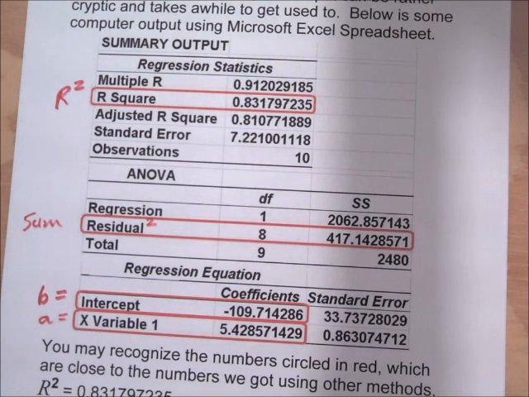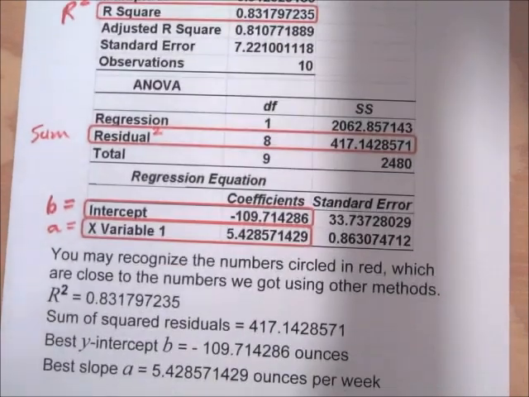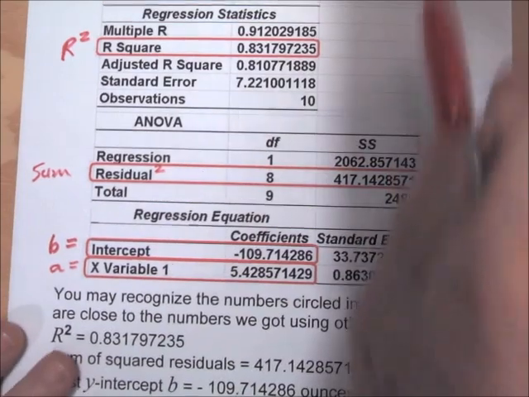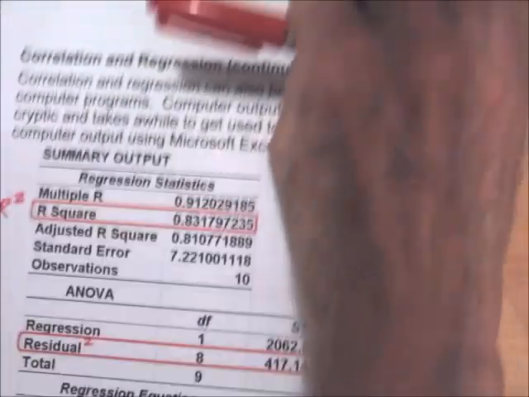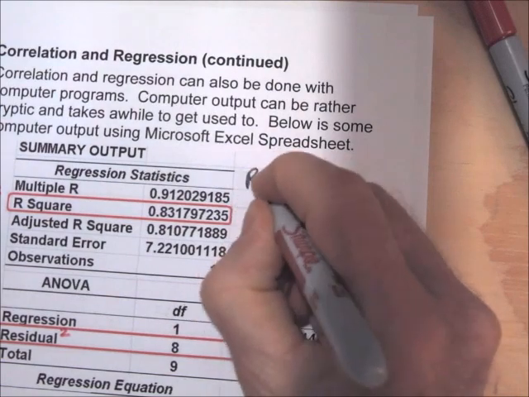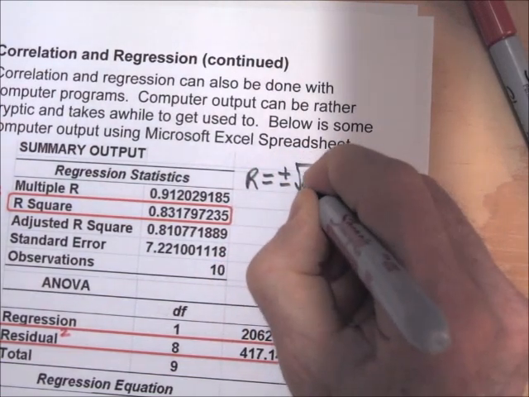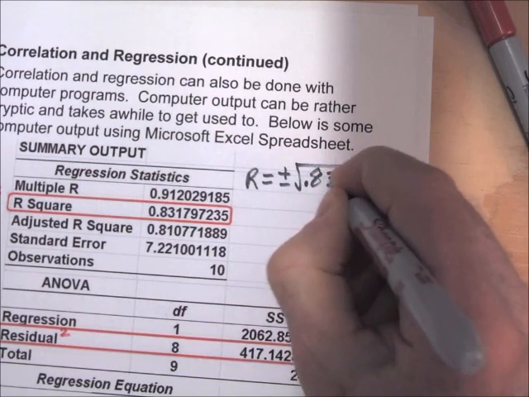You can also compute R based on this. R is going to be plus or minus the square root of R squared. So if you want to compute R here, it's going to be plus or minus the square root of the 0.83 something.